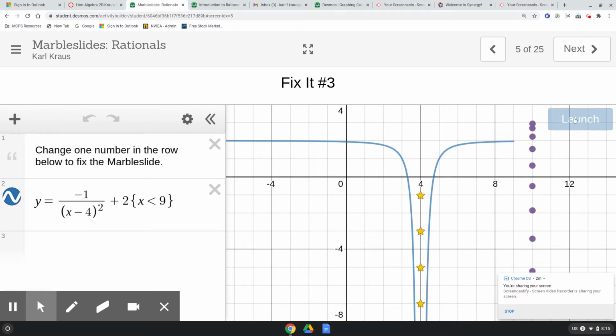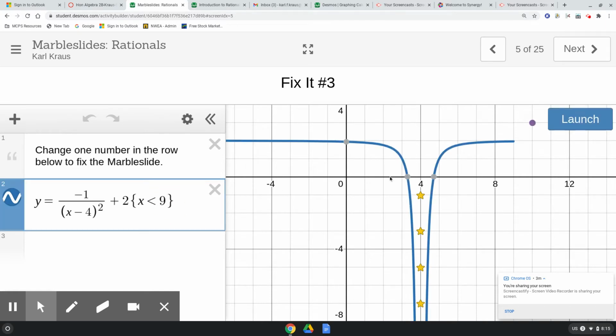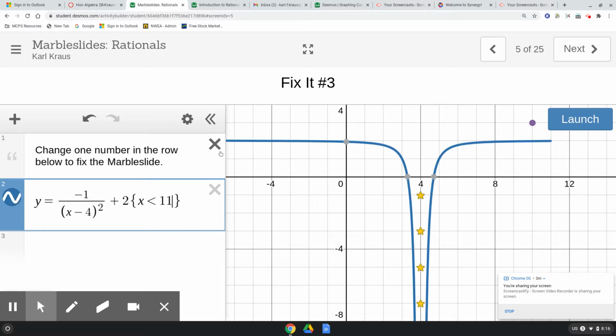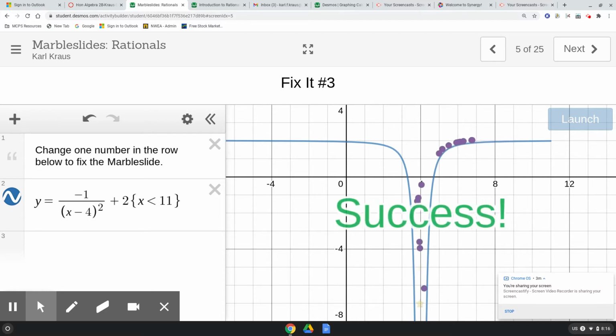So let me show you what happens if I just hit. So I have to change this restriction on the domain to extend the graph. So see what happens if I make it 11. And so that extends this branch of the graph here. And now when I hit launch, marbles, once they get going there, it should collect all the stars.